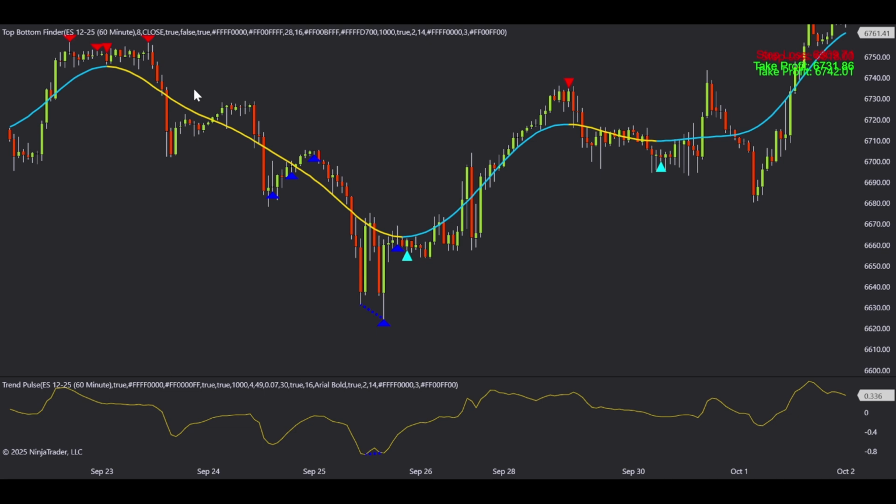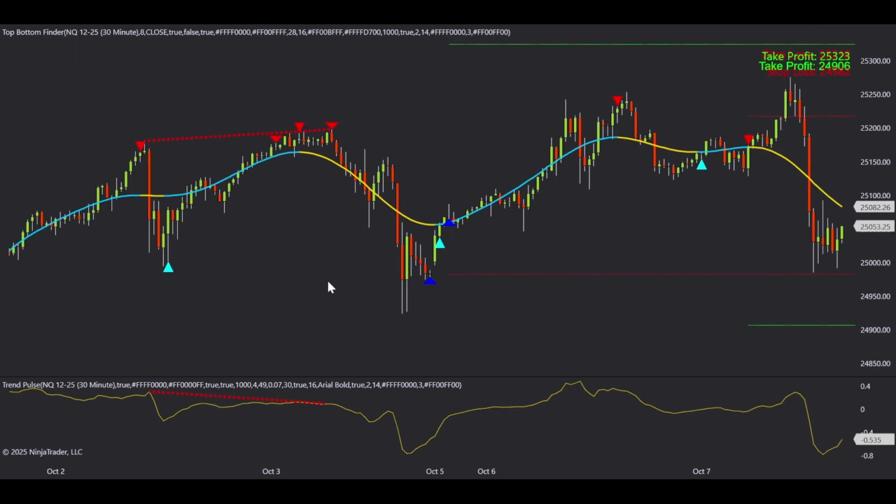There are very many entry methods that will give you very precise entries, and I'm not even going over those here, but just these two confluences alone would have given you, starting from up here, catching a sell all the way here, as it changes here, and then buying here all the way up until as it changes here, with the top bottom finder in great confluence with the trend pulse.